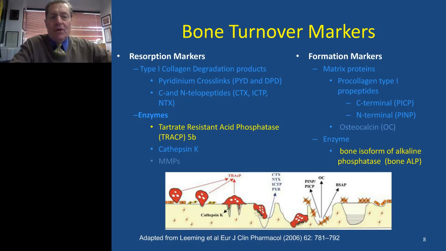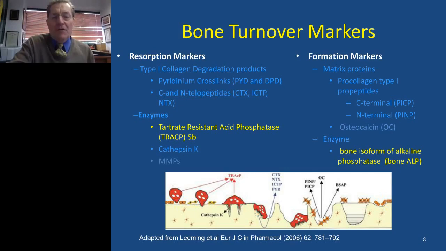Under resorption markers, the preferred marker is the serum, or in Europe, the plasma, C-telopeptide, or CTX. This is a collagen cross-link from bone collagen. It is specific for bone collagen, not from collagen of your knee or your nose.